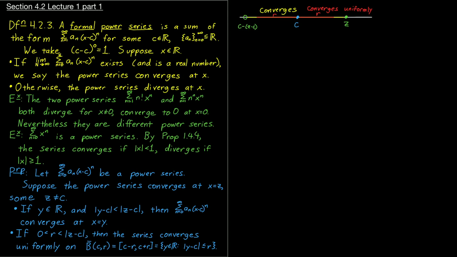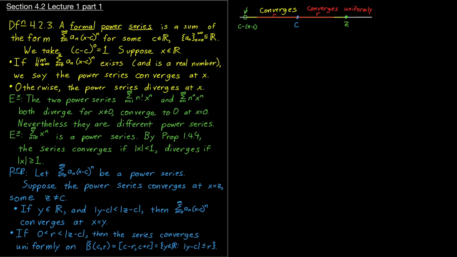And you can get your radius of convergence as close to z as you want, but the penalty for that, of course, is that you're going to converge slower and slower, and we don't know what happens at this other point over here.